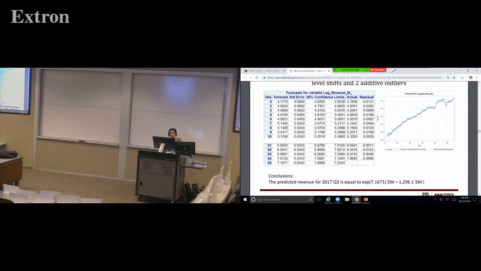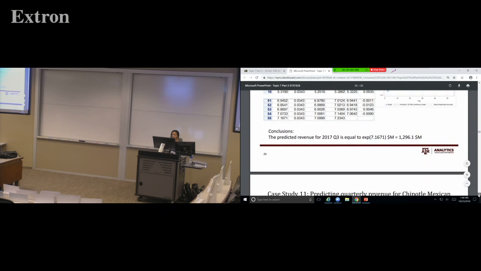They blamed their quarter 3 returns being less than what anyone predicted not necessarily on their outbreaks, but on hurricanes. There were a lot of hurricanes in 2017, if you remember. So they blame their low revenue on the hurricanes.